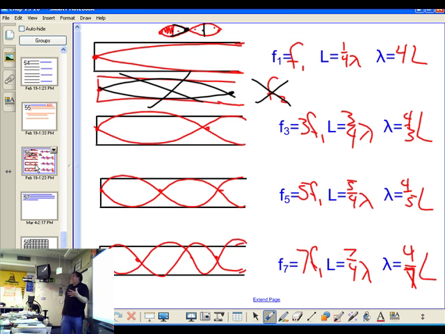Now keep in mind, I don't know if I was as clear about this on the other one as possible. All these are layered on top of one another. When you did your experiments and you got a nice sine curve, you were basically only getting the fundamental. That's like our tuning fork. But a real musical instrument, like a trumpet, you would get this one on top of that one, on top of that one.